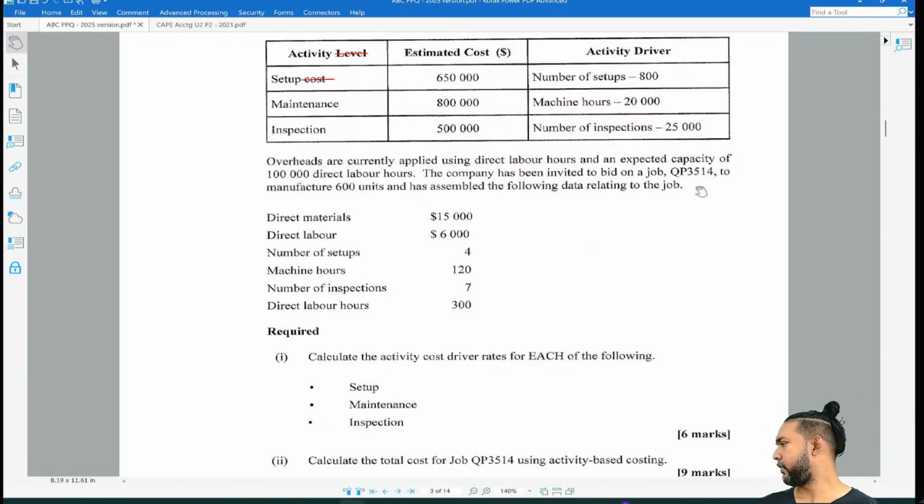All right, cool. All right, so this is water. Oh, okay.